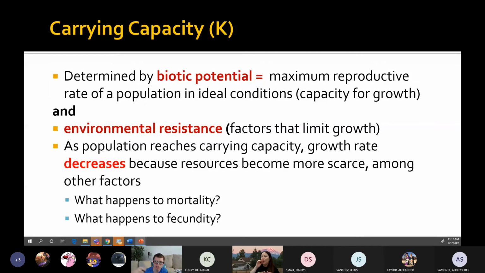You could still have the same amount of babies, but the babies are going to die, right? Because there's not going to be enough resources. They're going to be competing, kind of like the polar bears are right now. So fecundity would increase, mortality would decrease, or vice versa. Flip it. Okay. Overall, if you were to average it out, it would be a decrease. But you're still going to have the same amount of babies that increases your population, but many of the babies are going to die for lack of resources.